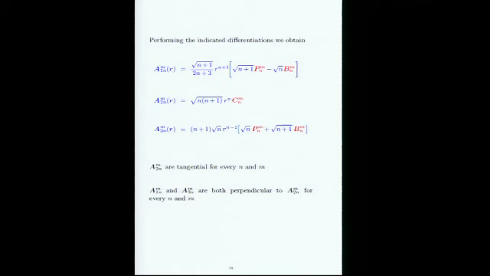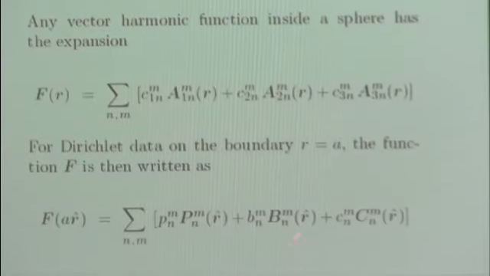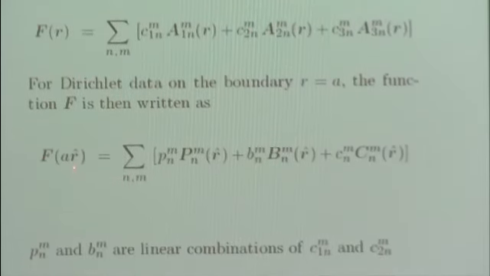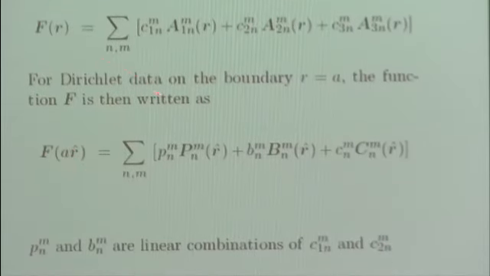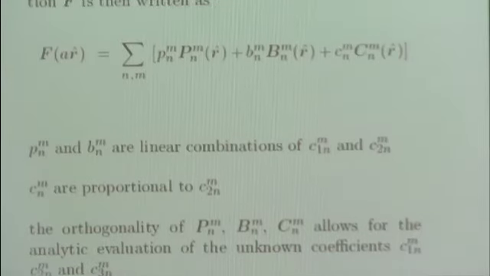And then it's trivial to solve any problem in this form, because all you do is you take the function, you expand it into the vectorial eigenfunctions, so you have only scalar coefficients, and then all you have to do, you go to the surface boundary condition, let's say for a Dirichlet problem, you express everything in terms of P, B, C, and then by orthogonality you evaluate the coefficients. Simple as that. Okay. And a similar approach can be done for a Neumann problem.